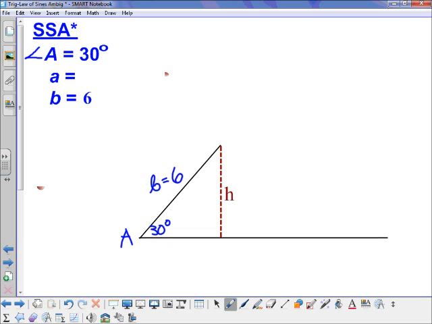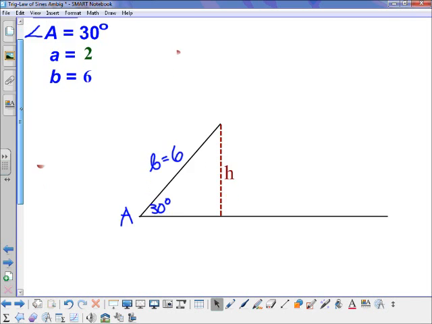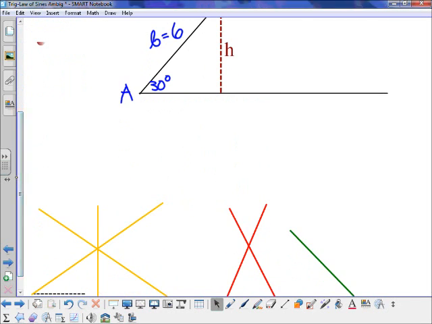And then side A would have to be the side opposite angle A. In this first example, I want to make A equal to 2. I'm just going to use this green line for side A for now.